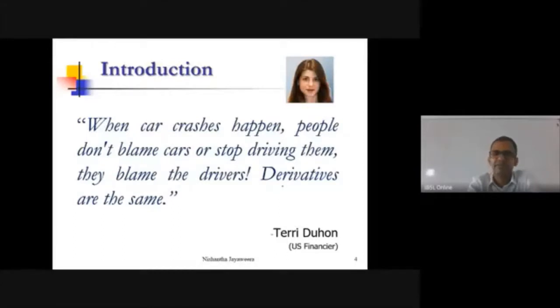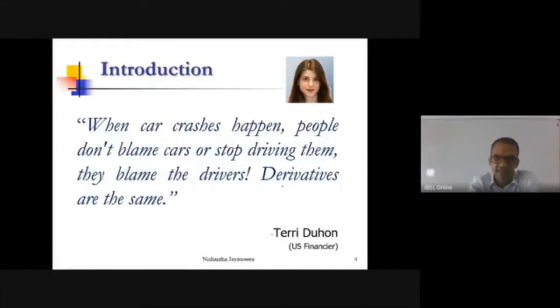It's not the fault of the car. Very rarely it can happen due to mechanical reasons, but basically it's the driver. The same is true for derivatives. It's not the product, it's how we use it. If you don't use it properly, derivatives will give you bad results.